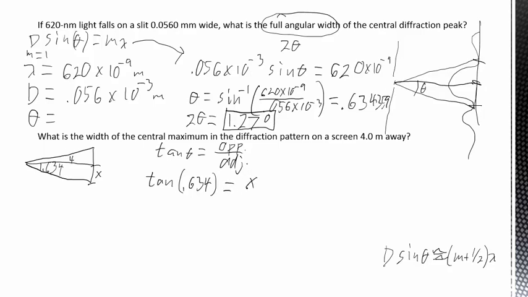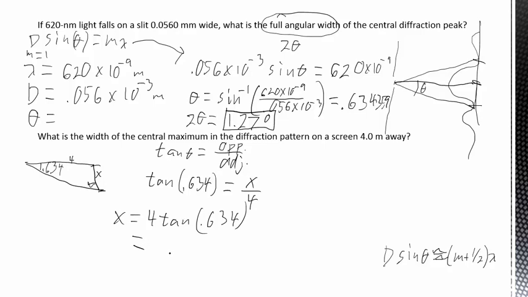Opposite is what we're trying to find, that's x, the adjacent of this little triangle here. So essentially we're ignoring the top part of this triangle for now, right? Forget this little line here. Alright, that's 4, so x is going to just be 4 times tangent of theta.